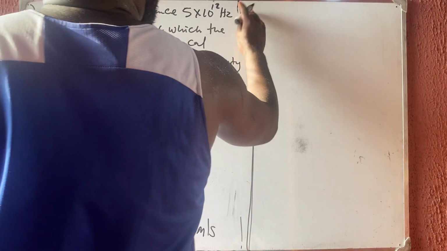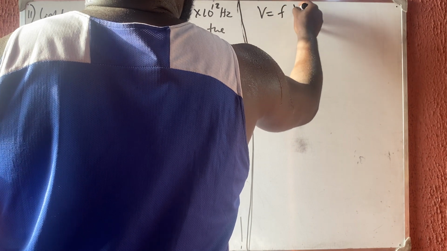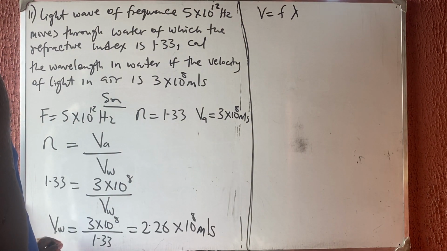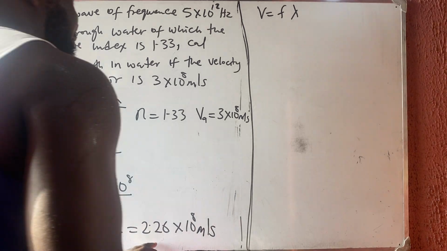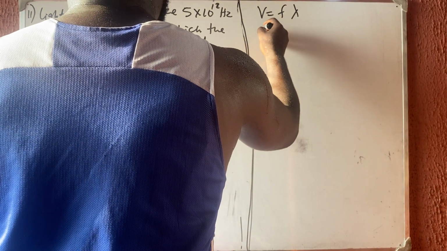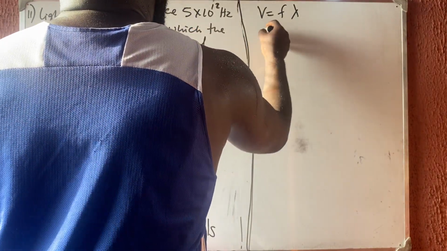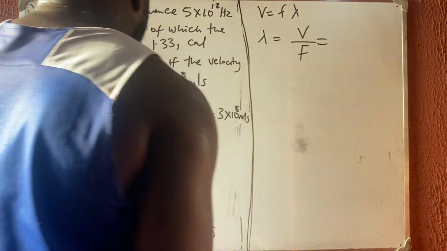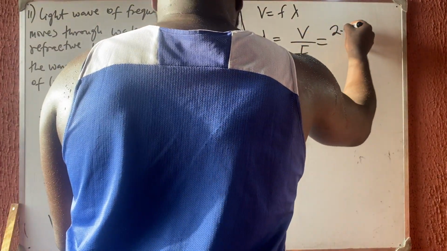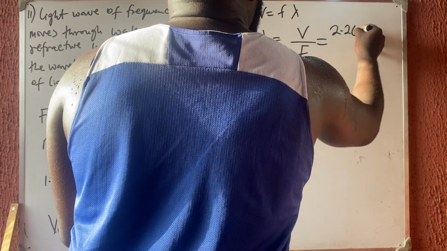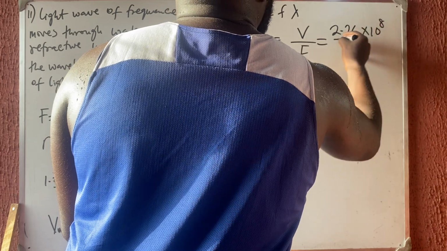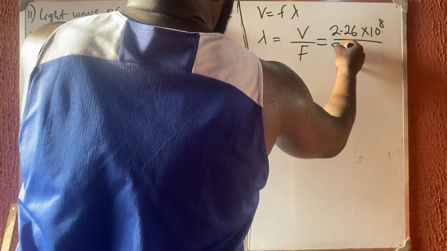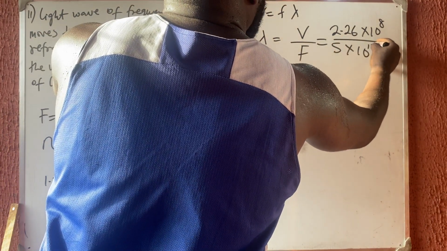We know that V is equal to F lambda, and we have gotten the speed in water, which is our V. So our wavelength will be V over F, which is equal to 2.26 times 10 raised to power 8 divided by the frequency, which remained the same, 5 times 10 raised to power 12.